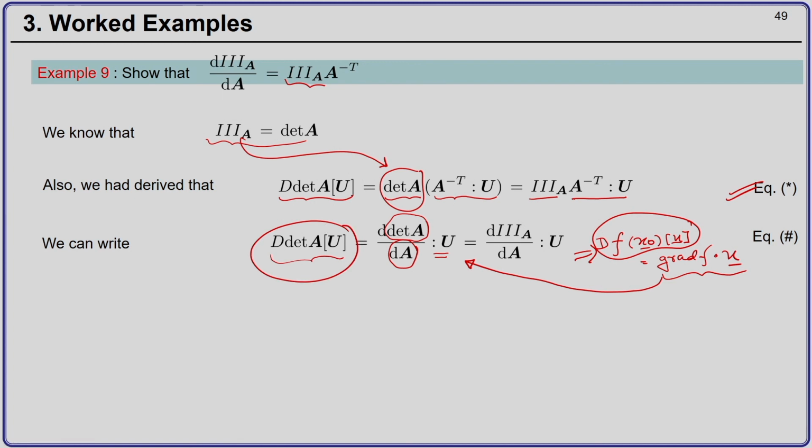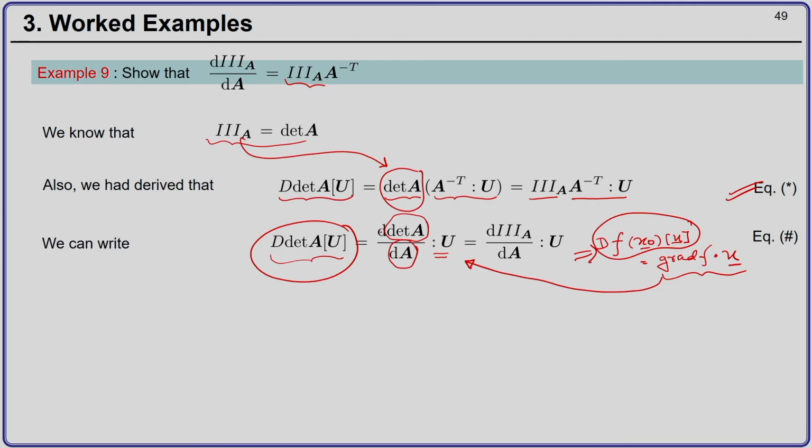Therefore, we will have something similar to the gradient of f, and our f is nothing but determinant of A. So, we will have the derivative of determinant of A with respect to A, and instead of a dot product, because these were vectors, we had a dot product, but now because we have a second order tensor, we have to take a double contraction.